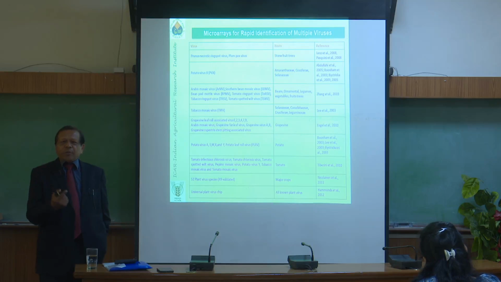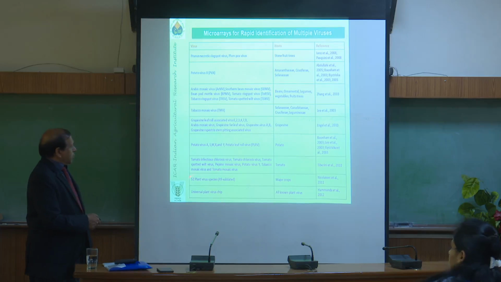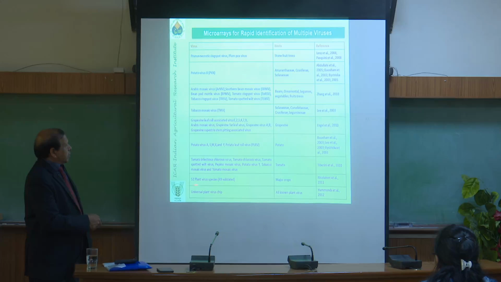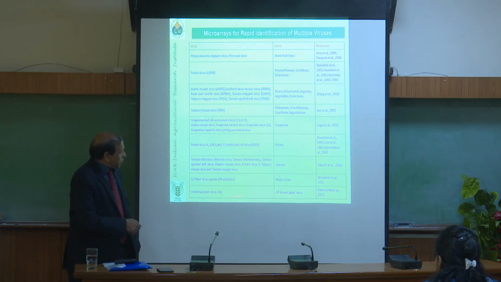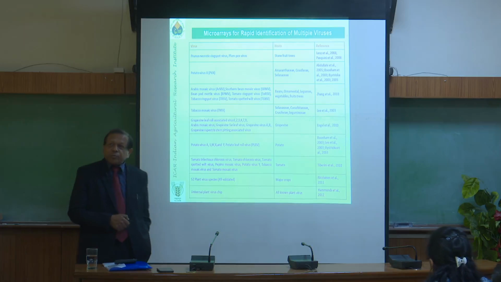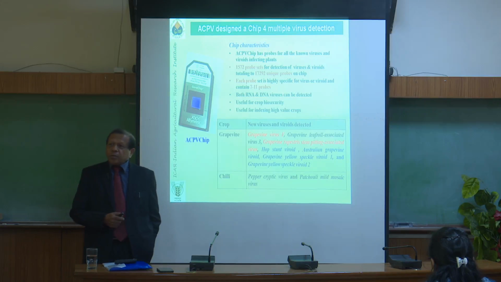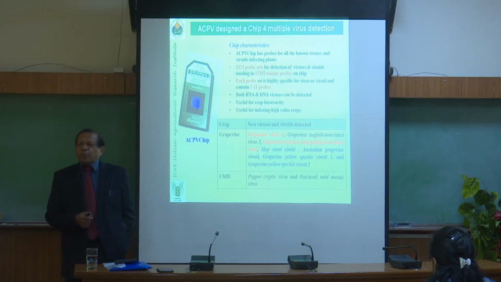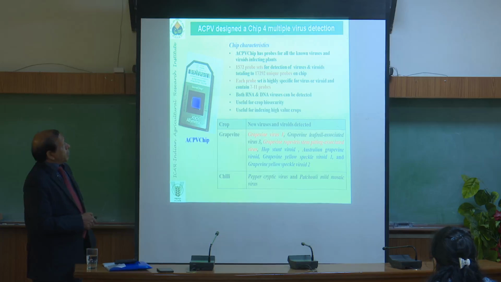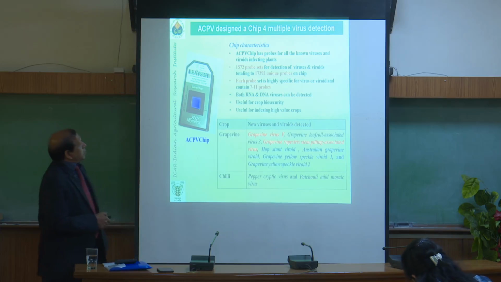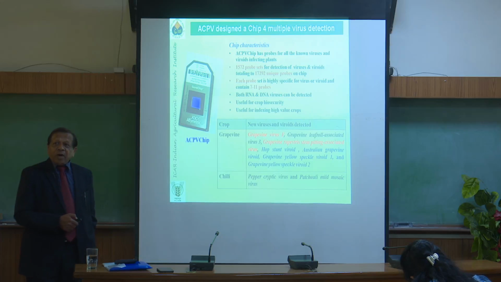Just by developing a chip and using that chip, you are capable of detecting many viruses. This is what is called the universal plant virus chip by John Hammond from USDA. Nice. Using a similar approach, Dr. Barnwala and his group from the Advanced Center for Plant Virology have also developed a chip known as the ACPV chip, and this chip is capable of detecting the known viruses including the viroids actually.